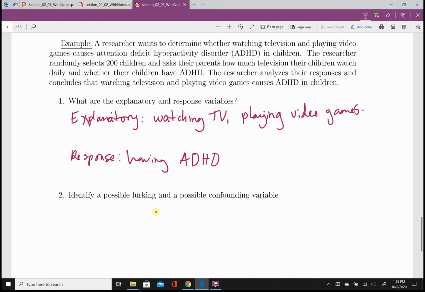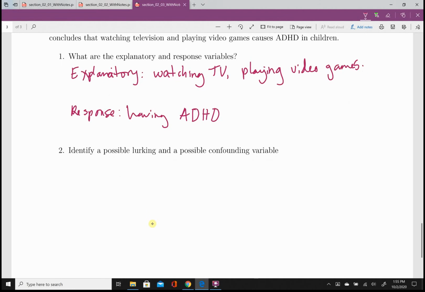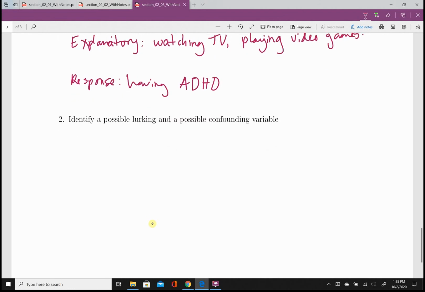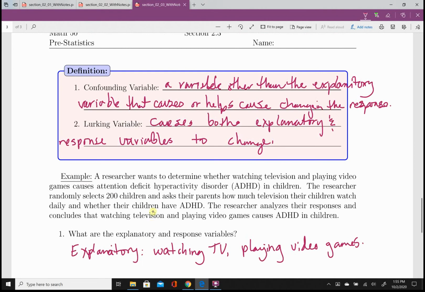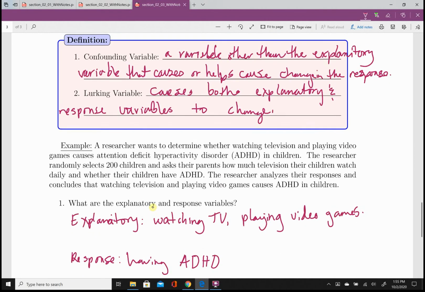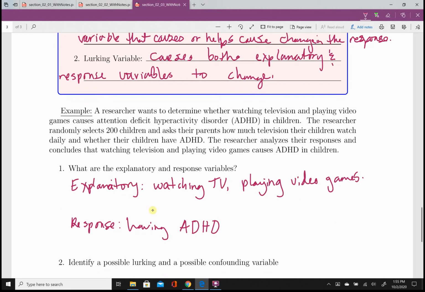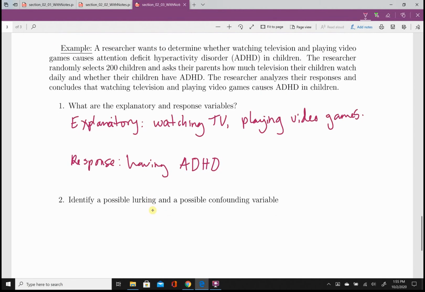In the next part, they want us to identify a possible lurking or possible confounding variable. Lurking and confounding variables are defined as distinct things here, but it's okay if we think about them as kind of a wild card element. If we broad brush it that way, that is okay for our purposes.